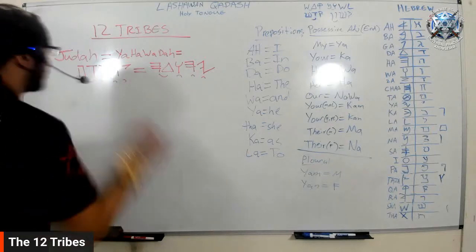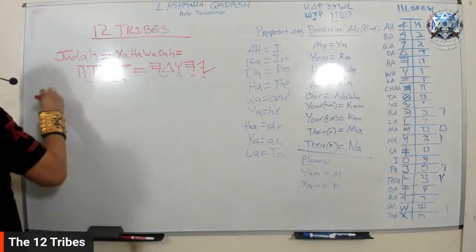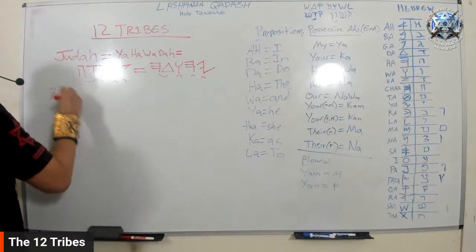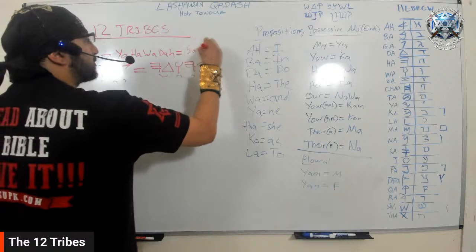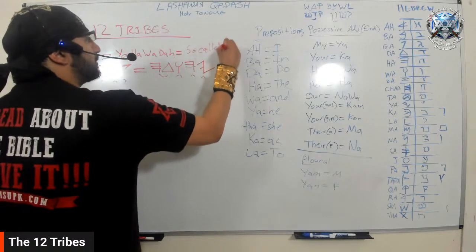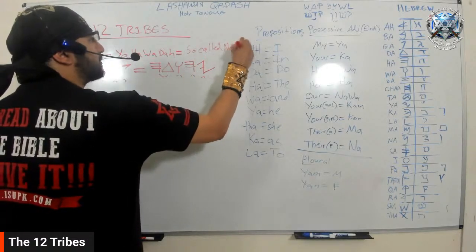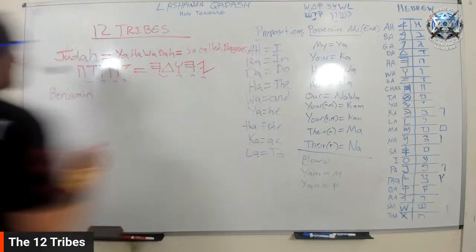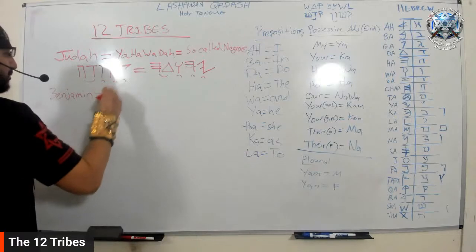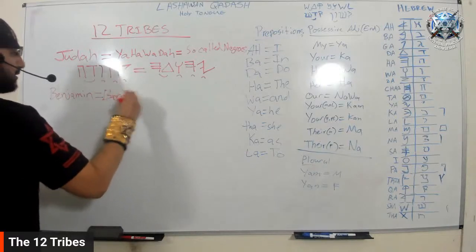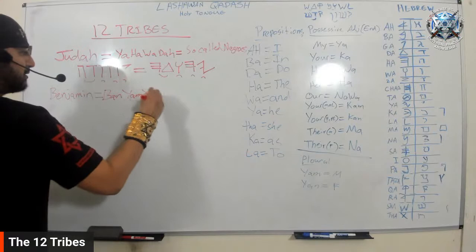Next up, we have the tribe of Benjamin. So-called Negroes. Benjamin, which is pronounced in the ancient Hebrew Ban Yam Yan.